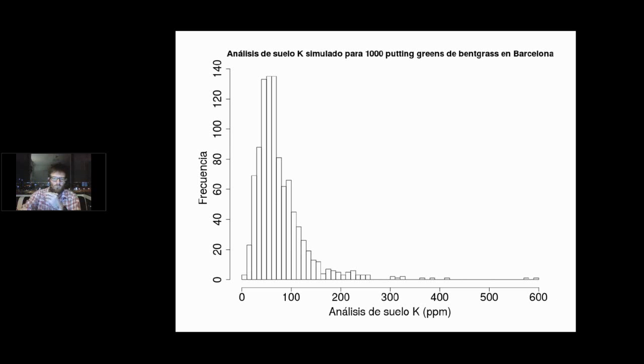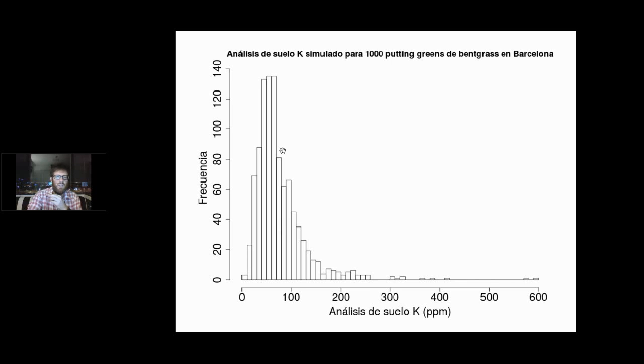This is those same data, and now it's in bins. Each one of these bins is 10 ppm wide. From 0 to 10 parts per million, there's about 3 samples, and from 10 to 20 parts per million, there's about 22 greens.